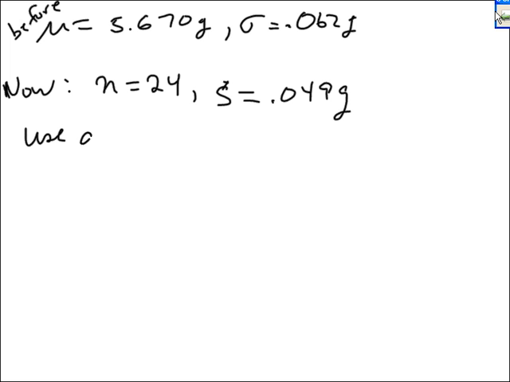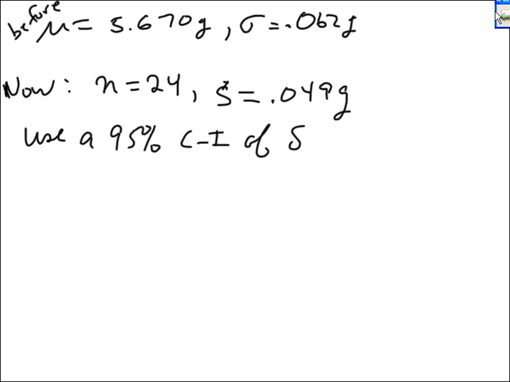We want to use a 95% confidence interval for sigma, the standard deviation of weights of quarters made with the new equipment.